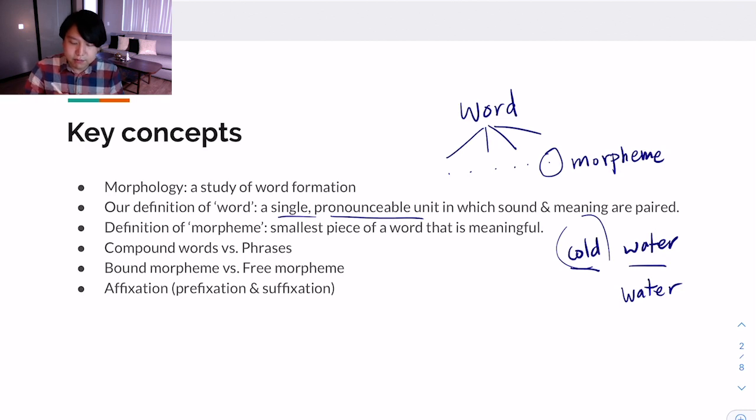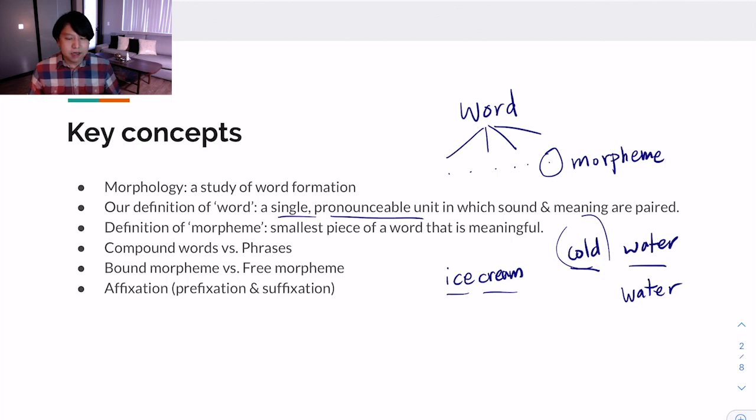On the other hand, something like ice cream is made up of two words, ice and cream, but it's not a combination of ice and cream. It's a certain type of food that is related to ice and cream, but it's not a literal combination of ice and cream.